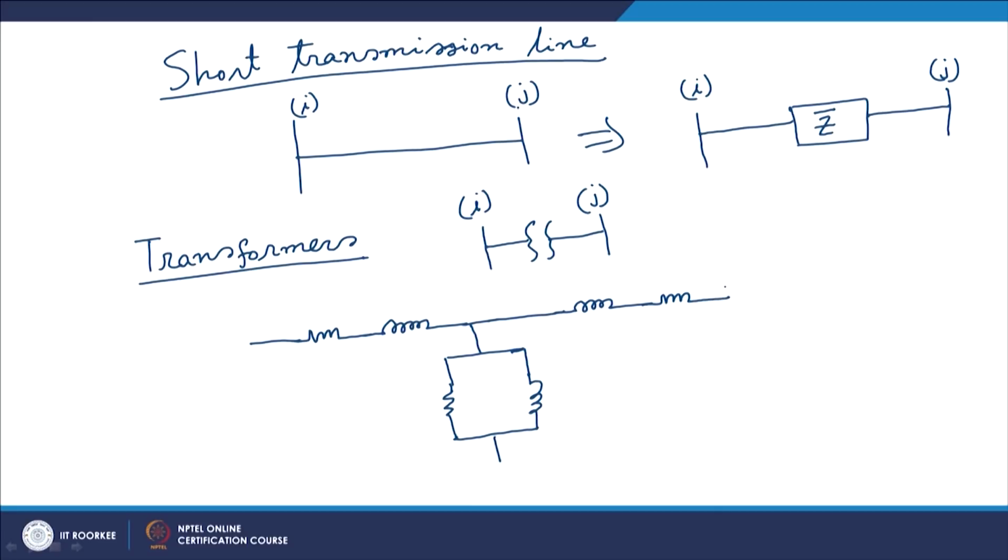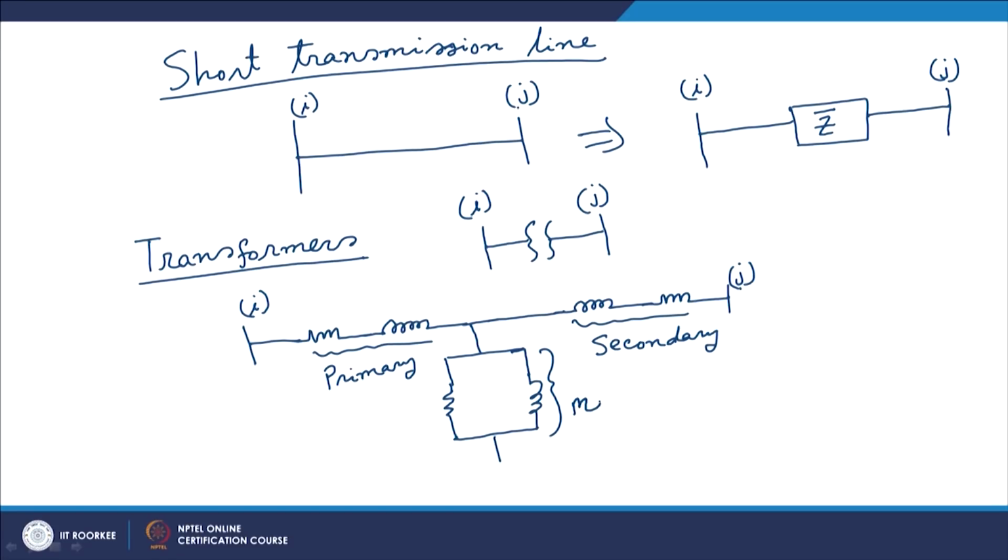So, this is bus I, this is bus J. These are corresponding to the primary side, these are corresponding to the secondary side, and these are nothing but the magnetizing.